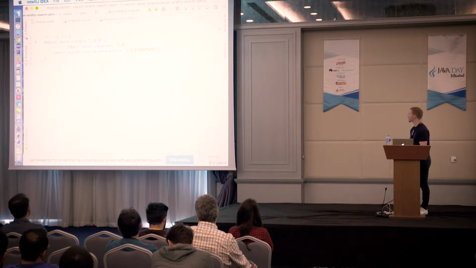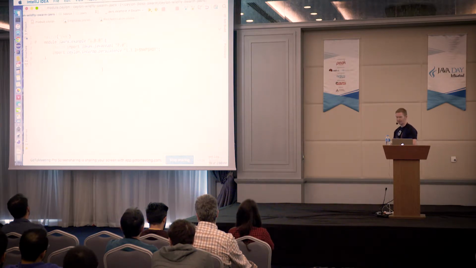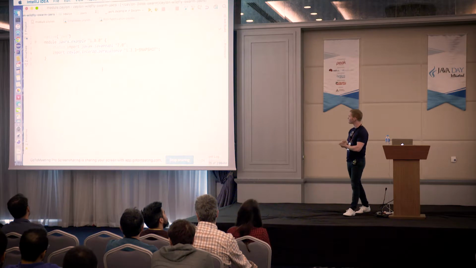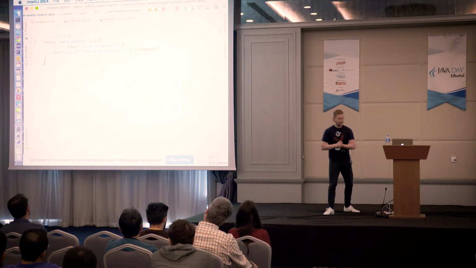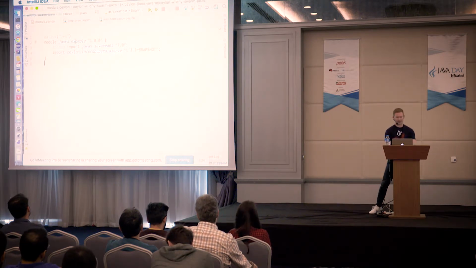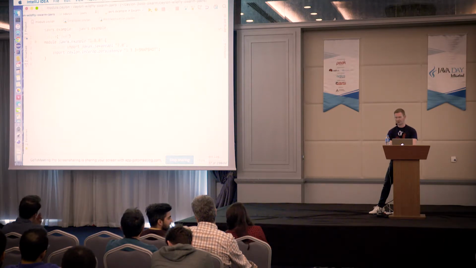So this is my module descriptor for my Ceylon module, which is my little demo. You can see that I've declared a module named jaxrs.example. It's a native JVM module. It's only going to run on the Java virtual machine.